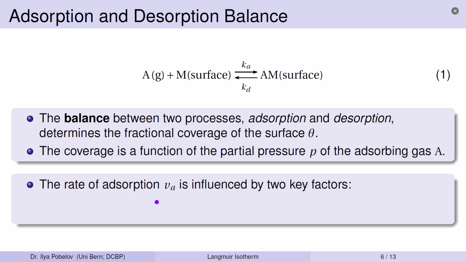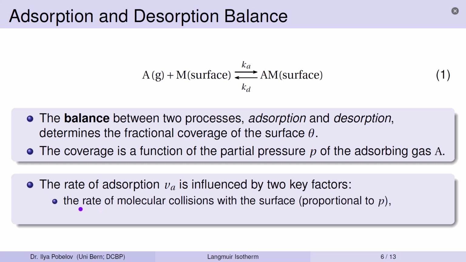The rate of adsorption is influenced by two factors: the rate of molecular collisions with the surface, which is proportional to the partial pressure P of the adsorbate, and the availability of unoccupied adsorption sites.